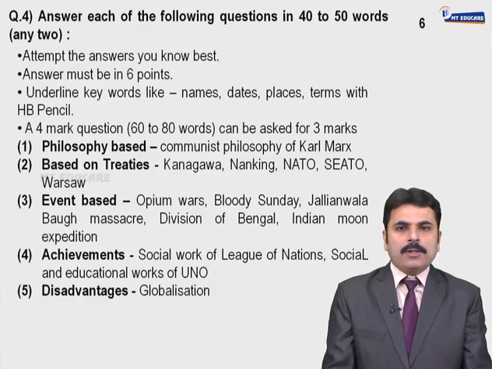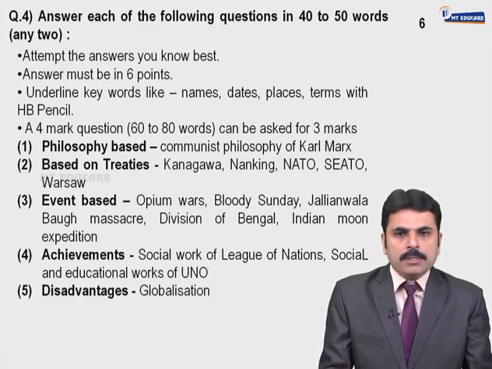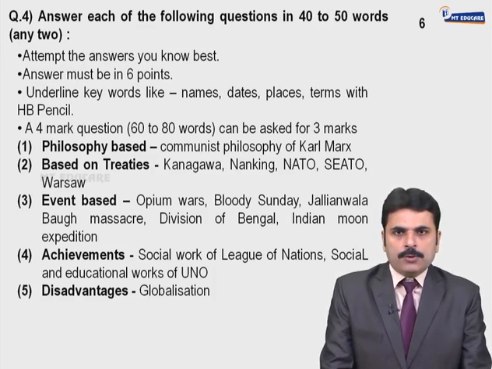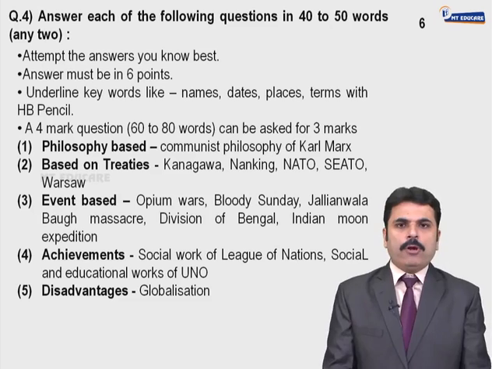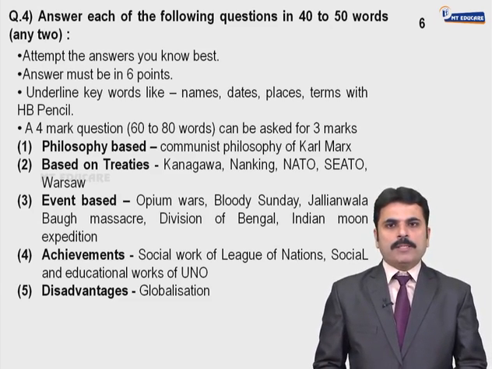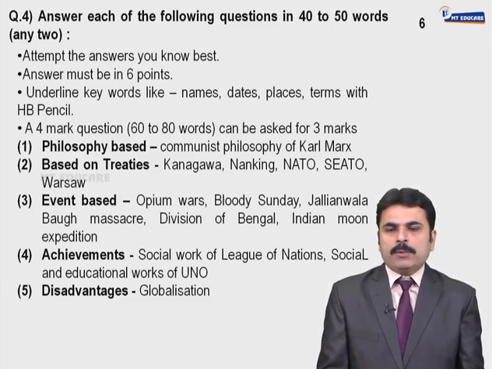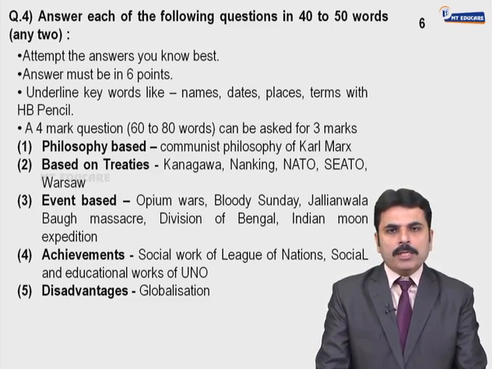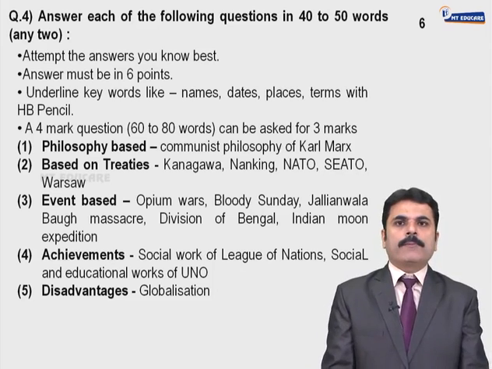And the last category is based on disadvantages. What are the disadvantages of globalization? So remember all these categories: philosophy-based questions, questions based on treaties, event-based questions, questions based on achievements as well as failures can be asked in this section.